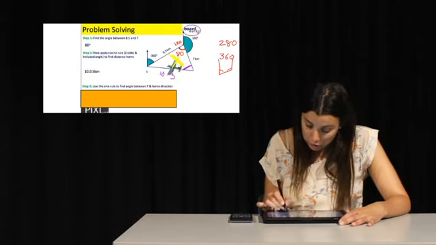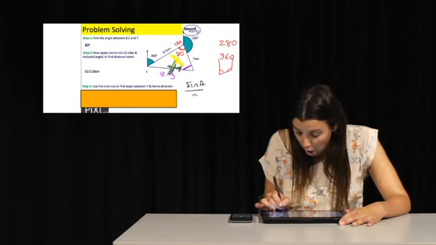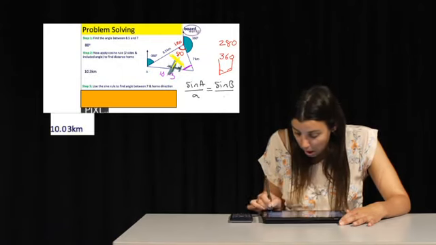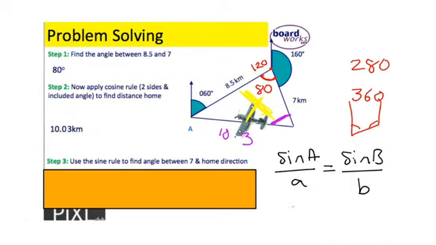So we're actually going to use sine A over A equals sine B over B. We've got our length here, which is 10.03, and we have our length of B here, which is 8.5. We have our angle of 80, and then on this side, we don't know the angle. That's the angle we're trying to find.